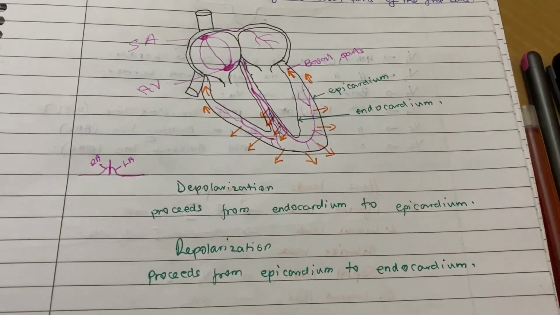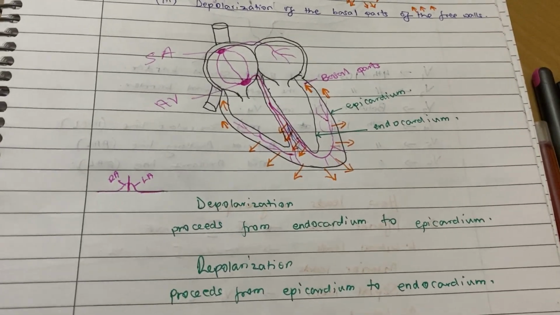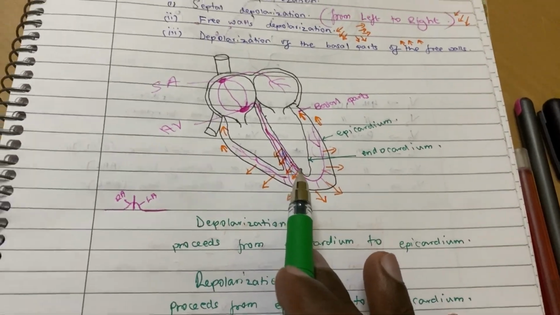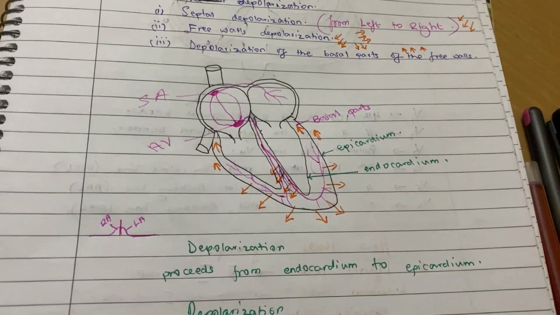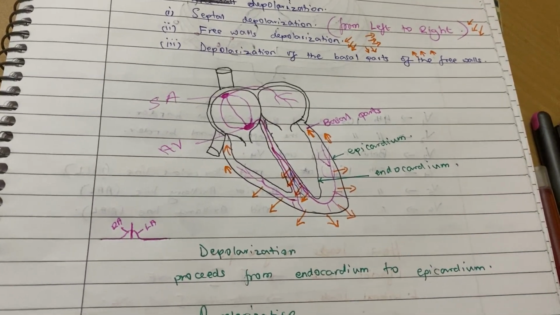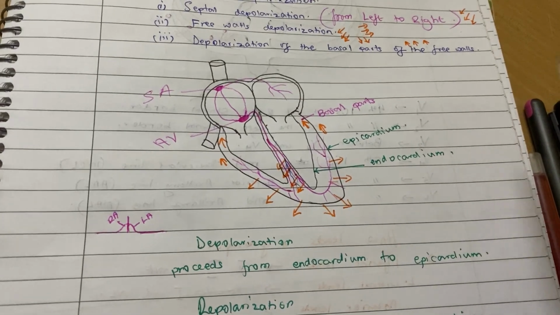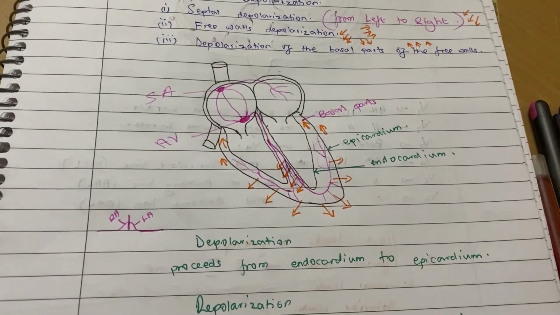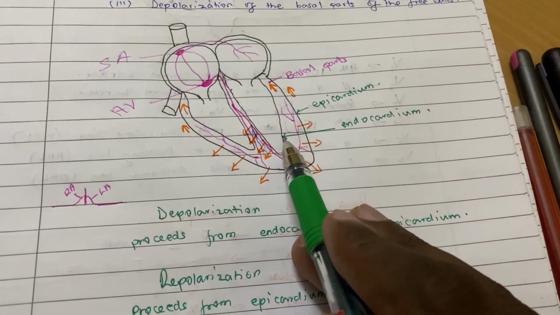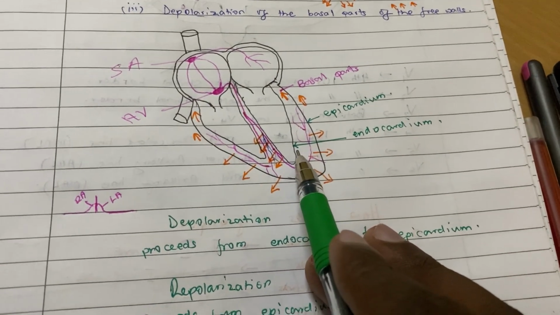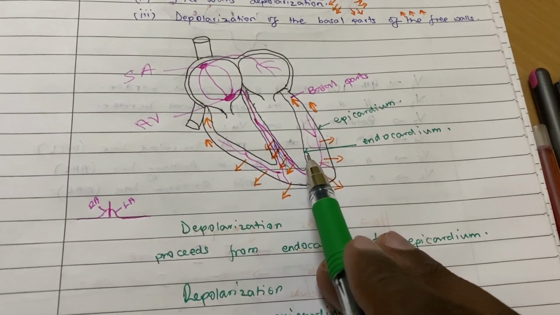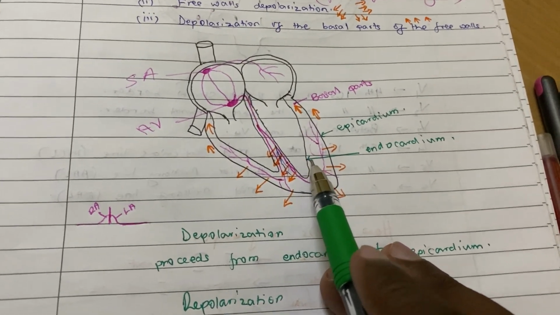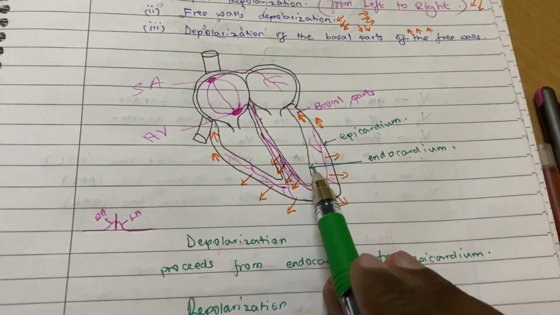Why does repolarization happen the other way? If the subendocardial layer depolarizes fast and then proceeds towards the epicardium, the outside, then repolarization in essence should start from the subendocardial layers also going outwards, because they depolarize fast and should repolarize fast. But that's not the case. You depolarize fast, you repolarize last. This is what happens in the heart.